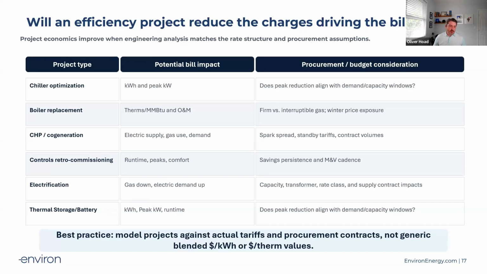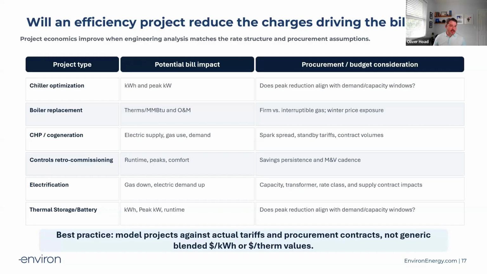We often see when projects are modeled out that they're compared to a generic rate, which might be higher or lower than the actual procurement contract you have in place, as well as the assumption that the utility expense might escalate at a 2.9% increase year over year, which can drastically shift the economics of a project one way or the other.